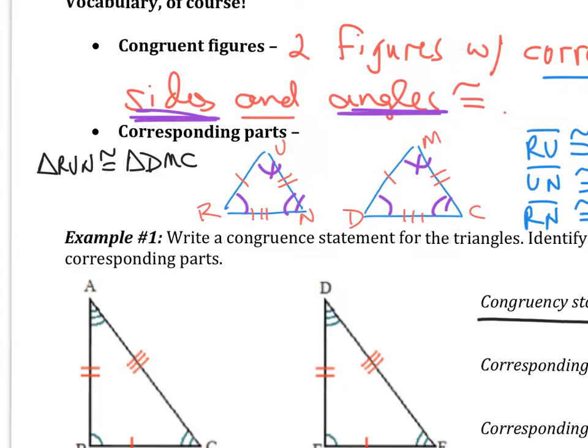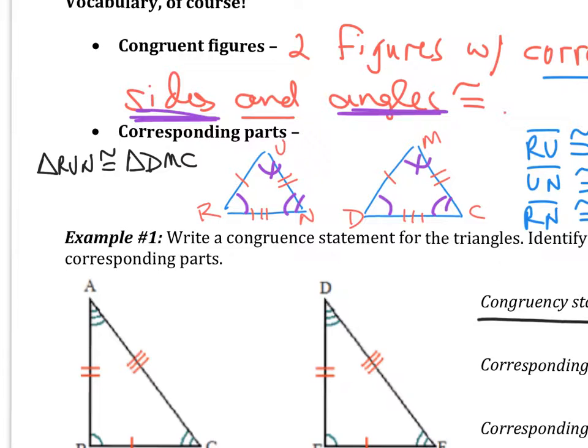Now, this is the part where it matters how you do the letters. Because based upon the congruency statement, I am saying R is congruent to D because they're both the first letter. I'm saying that angle U is congruent to angle M because they're both the second letter. And I'm saying angle N is congruent to angle C because they're both the third letter.